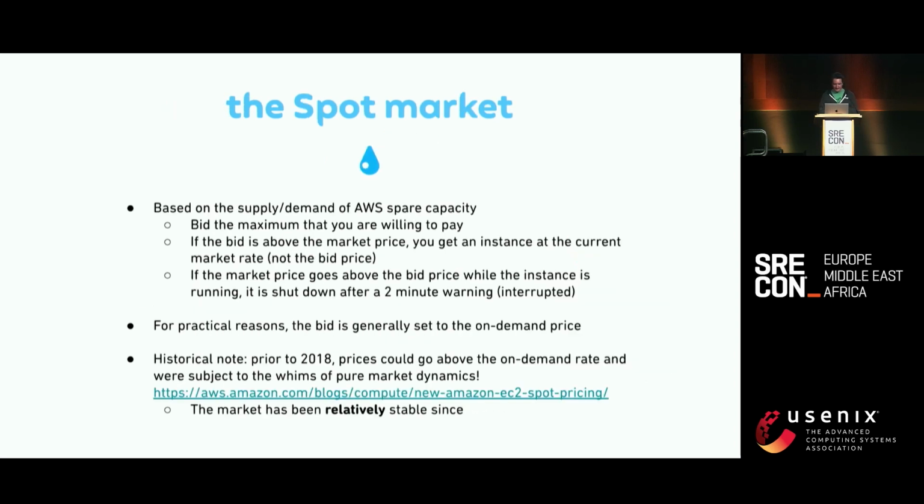So the spot market. There's also a lot of confusion about how spot pricing works. It's pretty easy. You bid on the maximum that you're willing to pay, but when you get the instance, you pay the market rate. It's not that you're paying the price that you bid the entire time. That's actually how it used to be prior to 2018, where the prices could go way above on demand.